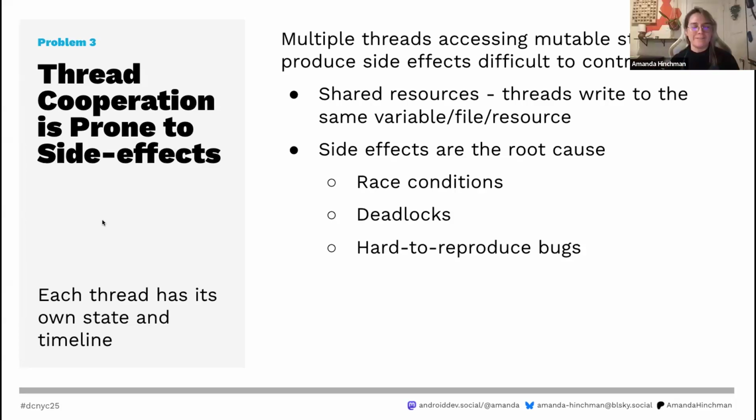All the woes of concurrent systems that are risky come from this concept of having a shared mutable state that multiple things are accessing. Side effects are the root cause of race conditions, deadlocks, hard to reproduce bugs. And for those that don't know, side effects are changes to the overall state.